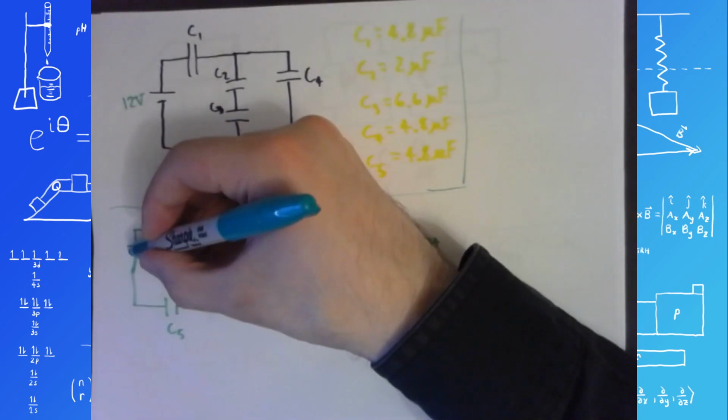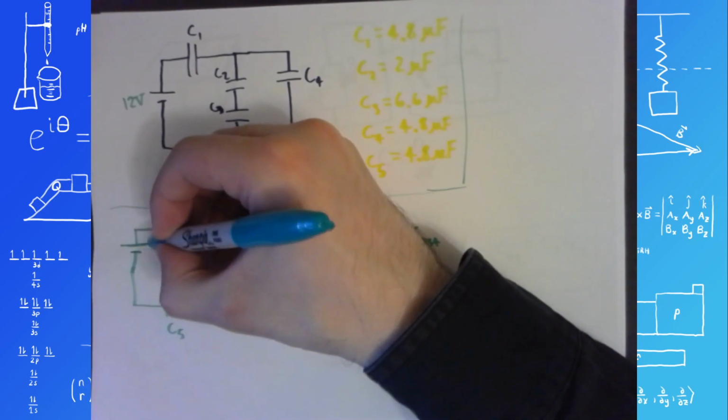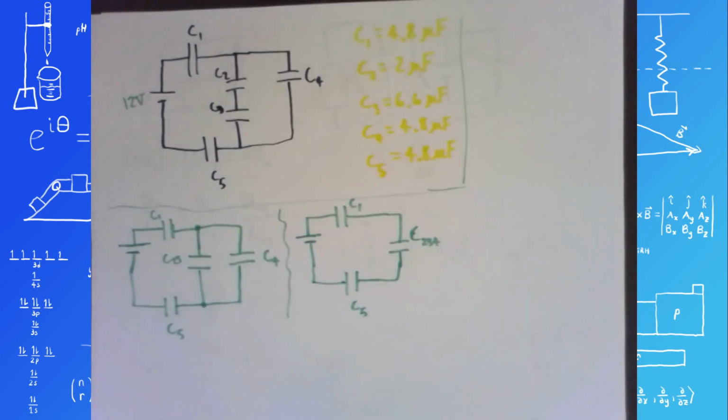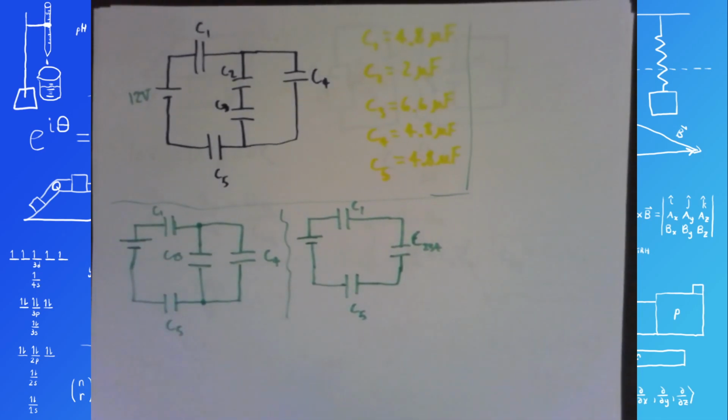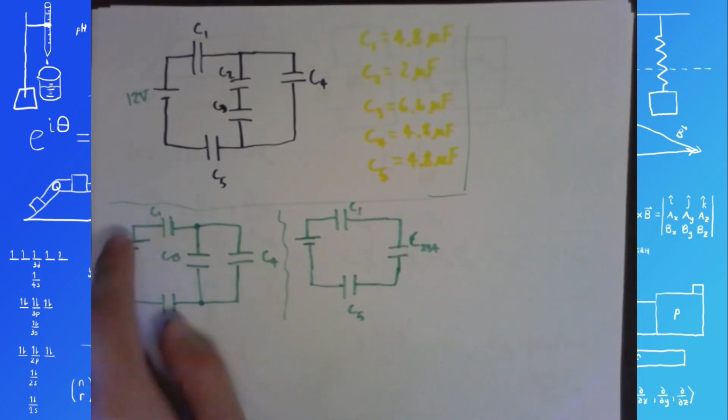There we go. Actually, let me make this one wider too. Yeah, let's make the battery a little bit wider like that. A lot of students will make a mistake with their circuit diagrams because they draw batteries way too similar to capacitors. Make sure your batteries have a side that's clearly shorter than the other.